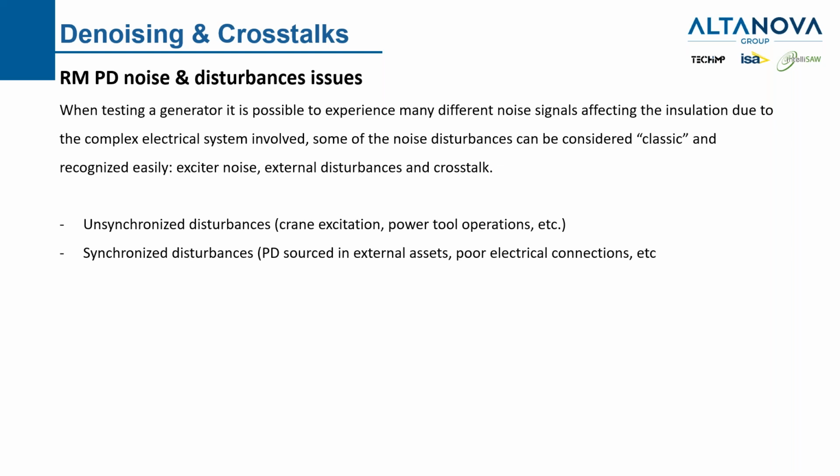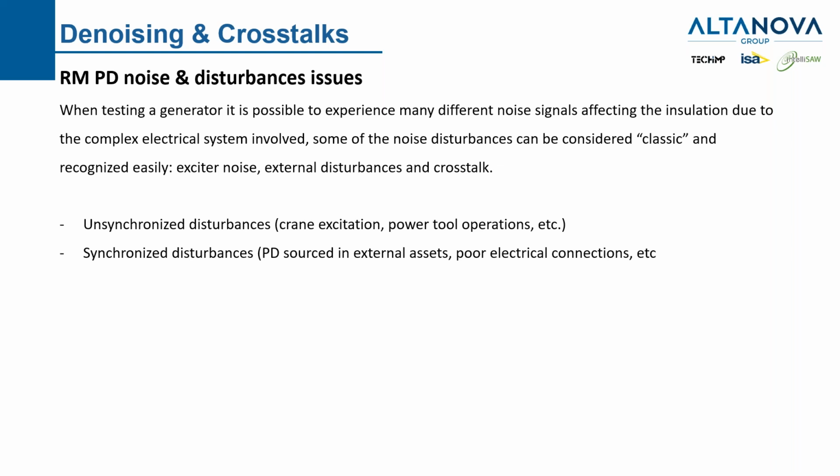When I talk about unsynchronized disturbances, that means that there is not a regular correlation with the applied voltage. So, for example, in the phase resolved PD pattern, I won't have triangles or groups of points like for the PD phenomena, but I will have a flat response of signals all along the phase angle, or sporadic random points here and there. Those are the unsynchronized disturbances, and they can cover what I want to see.